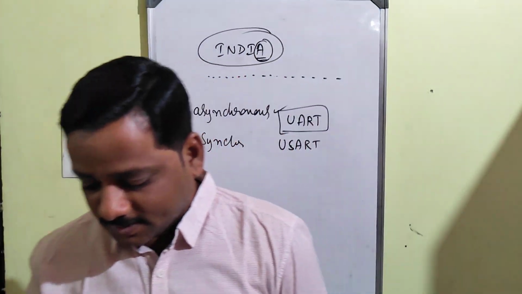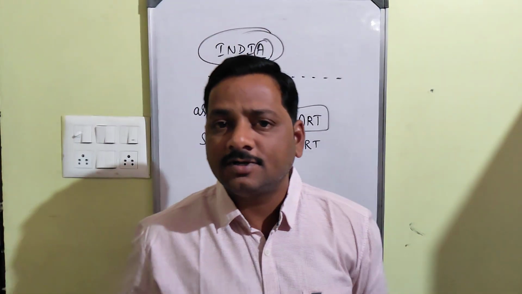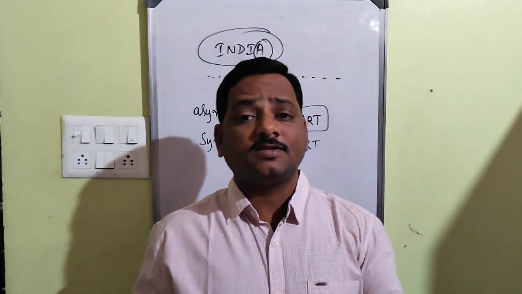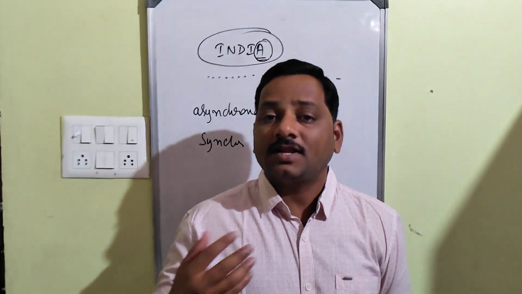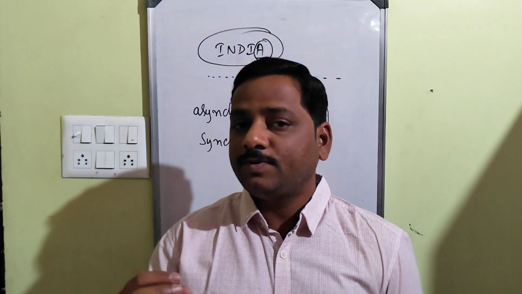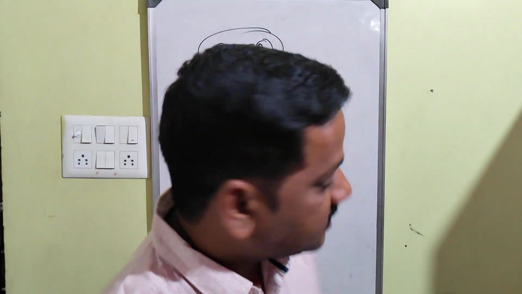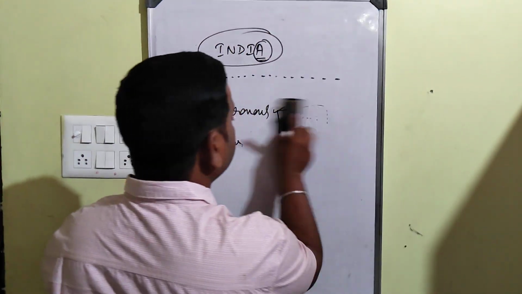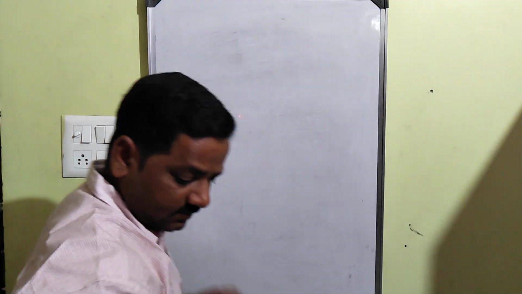I hope it is clear for you about serial communication, parallel communication, synchronous and asynchronous communication. Now let's move on. We have another part of communication which needs to be understood, that is simplex, half duplex and full duplex. It's a general concept. See, communication can be done in different manners. One is simplex.